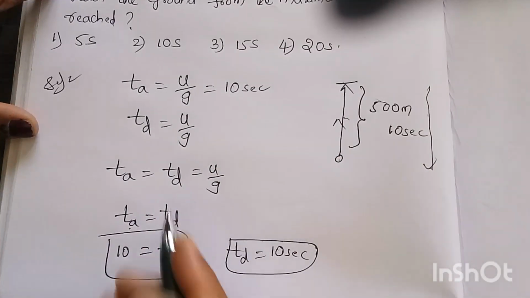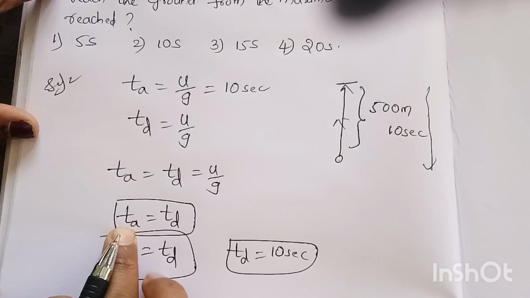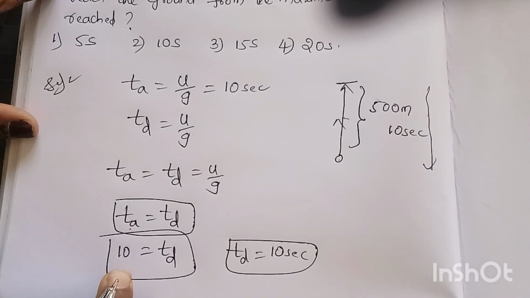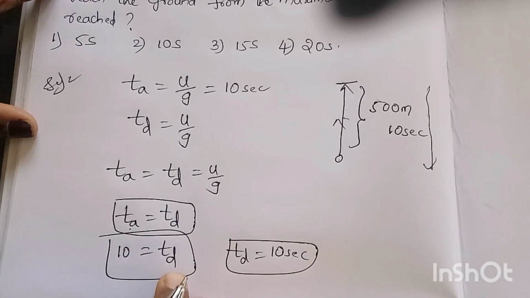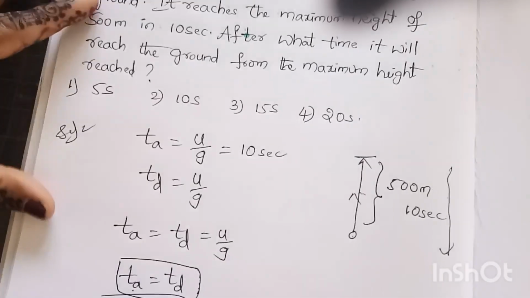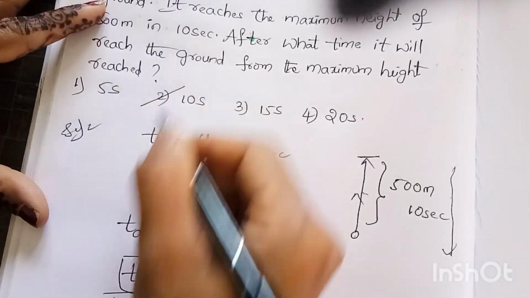So Ta equals Td. Ta is given as the time taken by the body to reach the maximum height, 10 seconds. So Td, the time taken by the body to reach the ground, is also 10 seconds. So the answer will be 10 seconds.